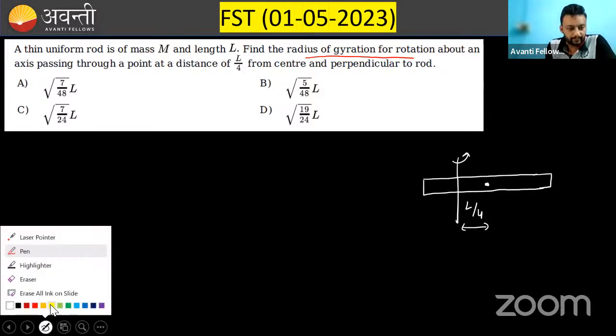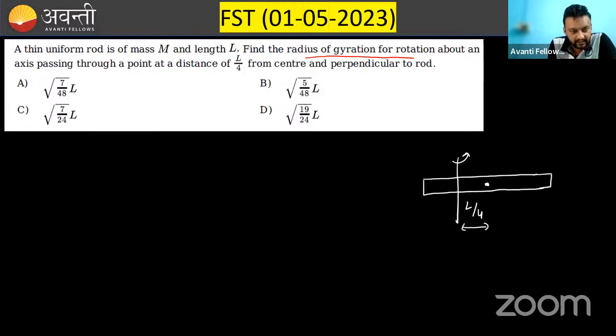So what I know is the relation I equals mk square, where k is the radius of gyration and I is the moment of inertia about the axis about which you are calculating the radius of gyration. So I is the moment of inertia about this given axis. About the axis passing through the center, we know the moment of inertia.